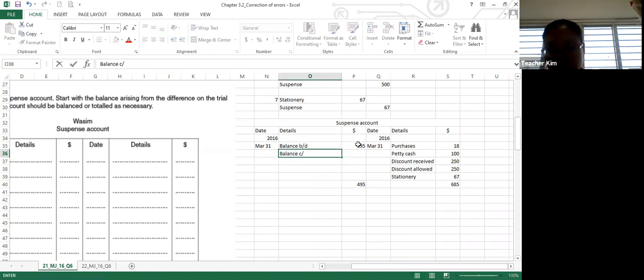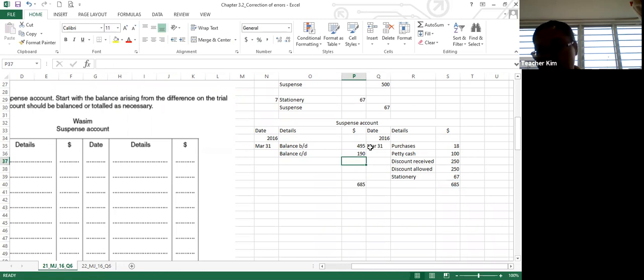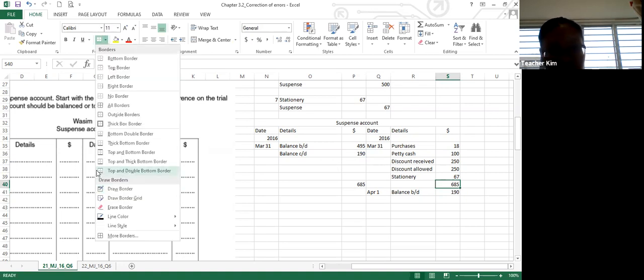That means there is still an error that we didn't discover in this question, which we don't know what it is. So this amount will be brought to here. Later on, I believe they will ask something related to this.